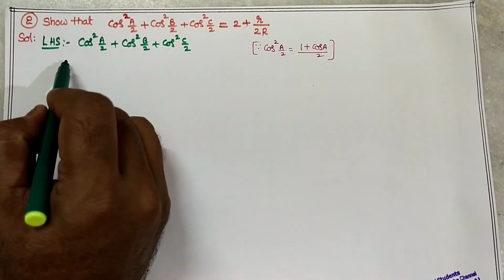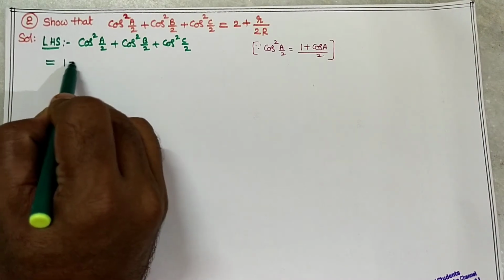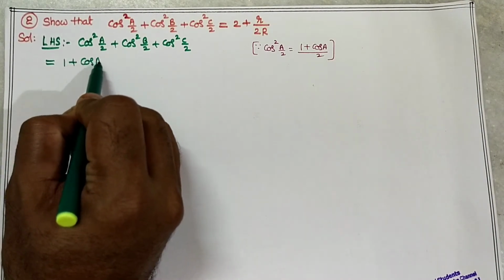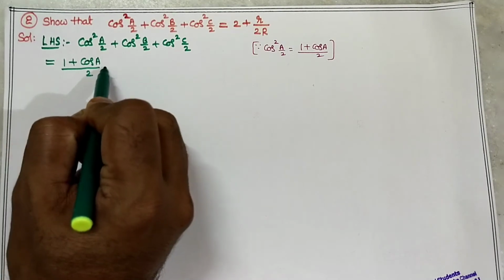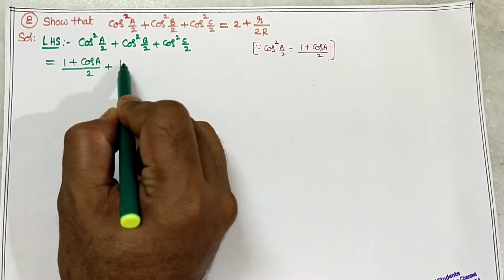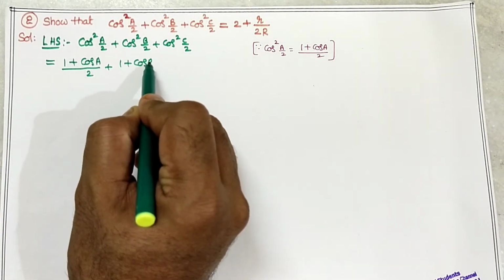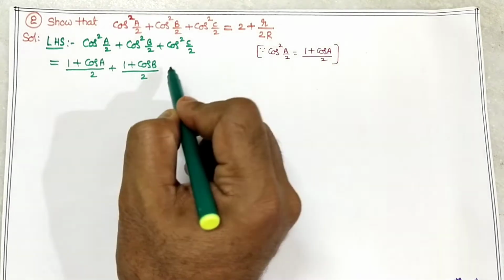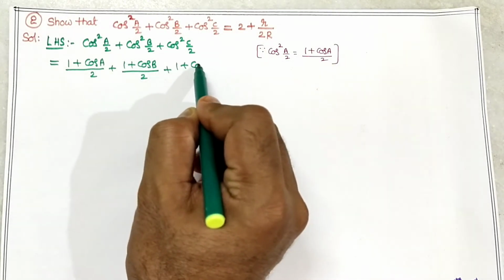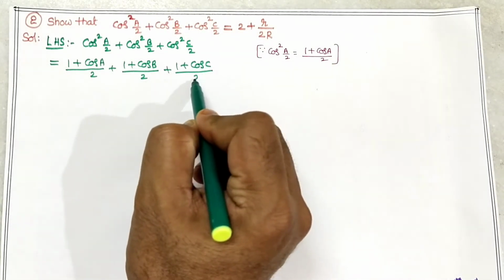So the LHS value will become (1 plus cos A) divided by 2. Similarly, cos square B by 2 is also (1 plus cos B) divided by 2, plus (1 plus cos C) divided by 2.